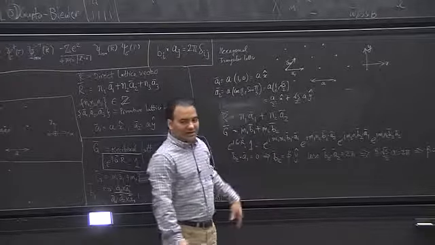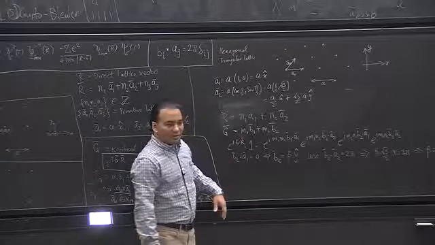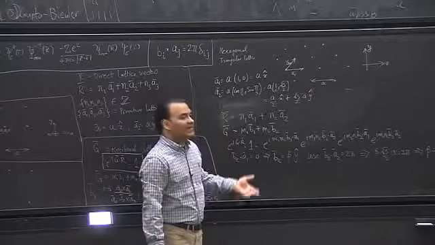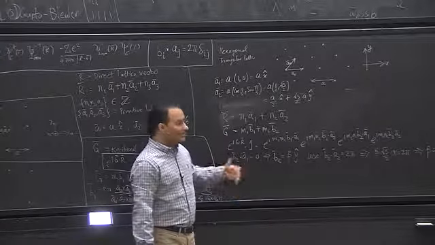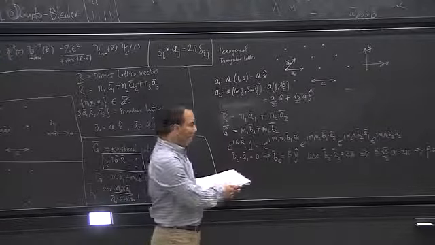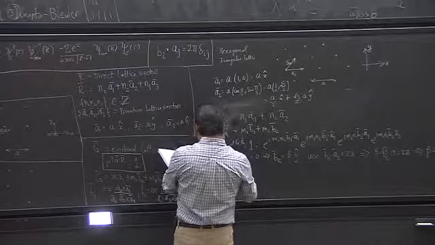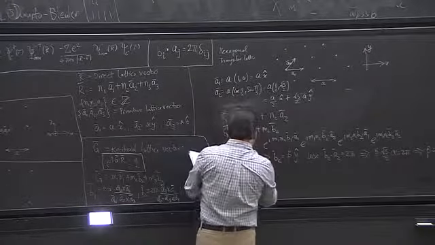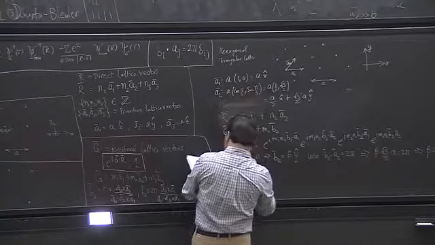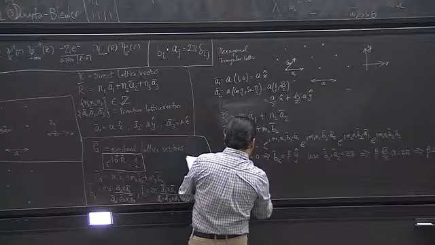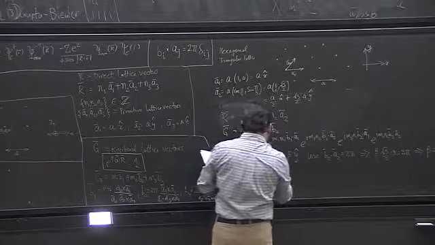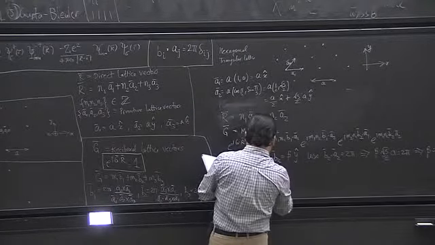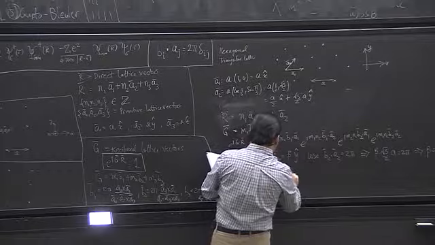Now, similarly, you can assume B1 is some general vector, B1x times x hat plus B1y times y hat. Go through this calculation and you will find that the vector B1 will come out to be 4 pi over square root 3 A times square root 3 by 2, minus 1/2.